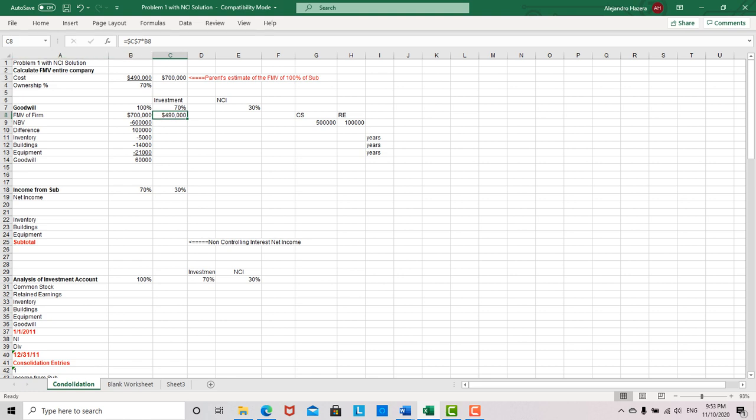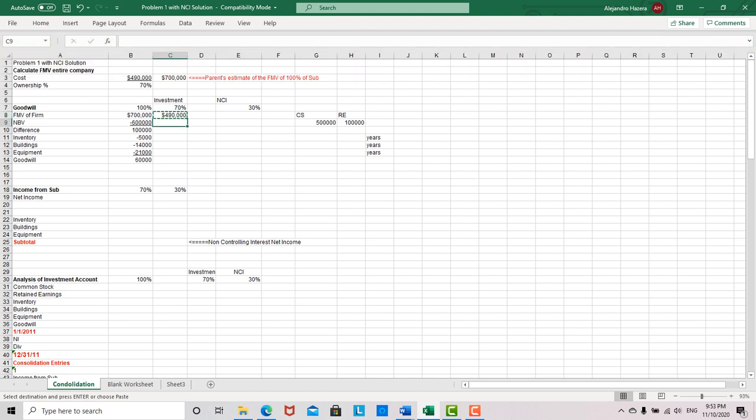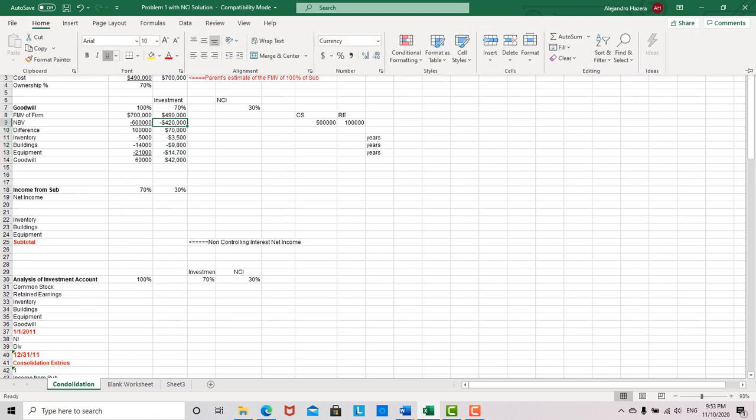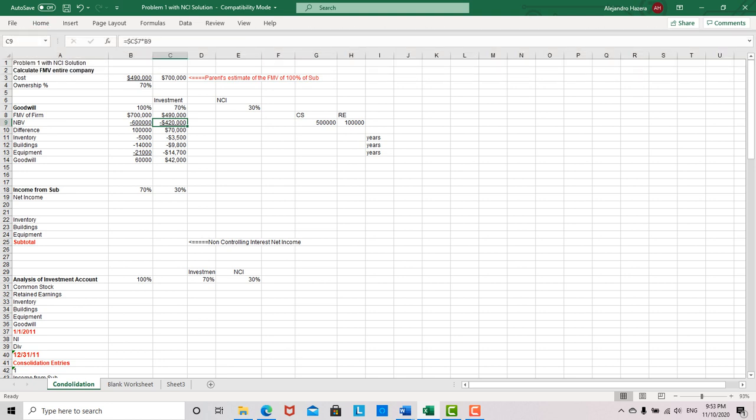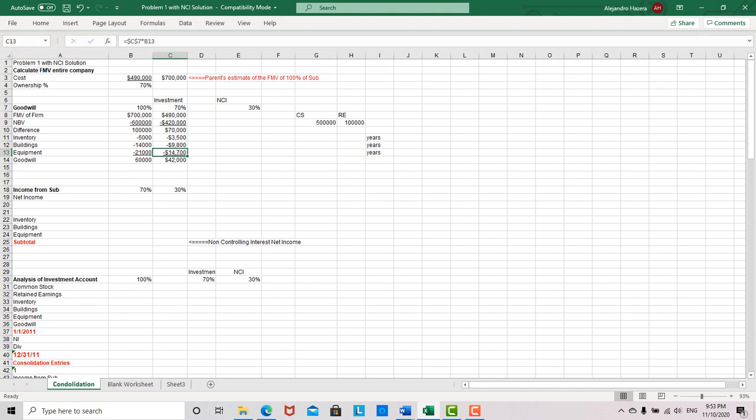And so we'll just go ahead and copy down. So these are the values of this is your 70% ownership in the equity of the company, which is 420.